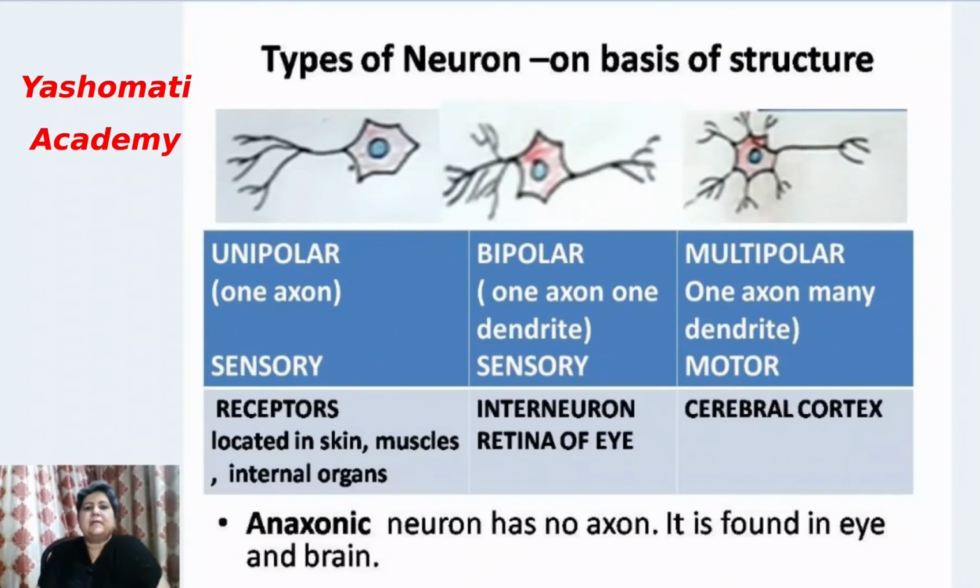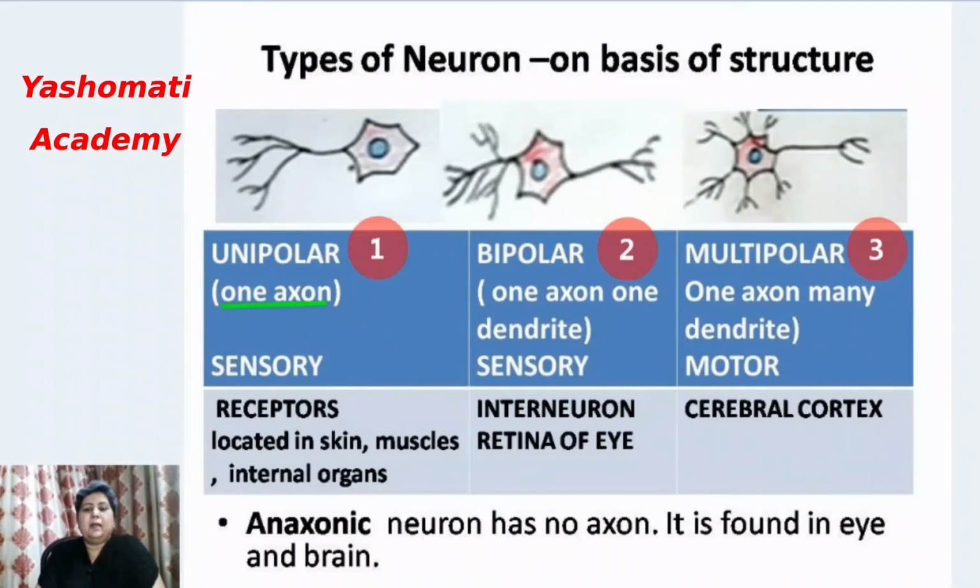As far as types of neuron on the basis of structure are concerned, we find that there are three different types of neurons, that is unipolar, bipolar and multipolar. Unipolar neurons are those which have only one pole, that means only one end where the stimulus or response can be received, that is they have only one axon.